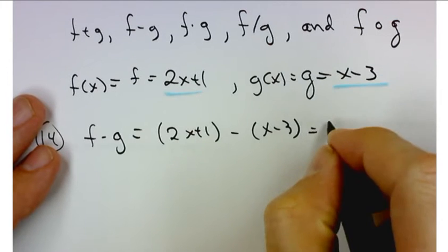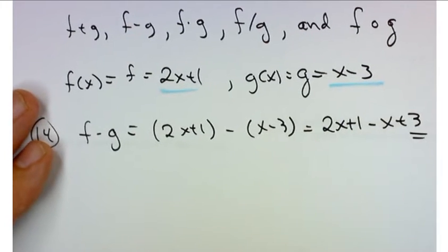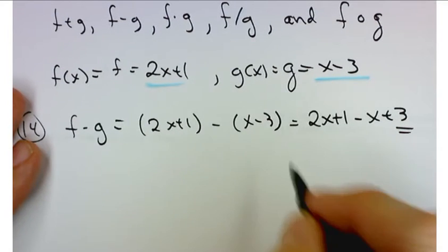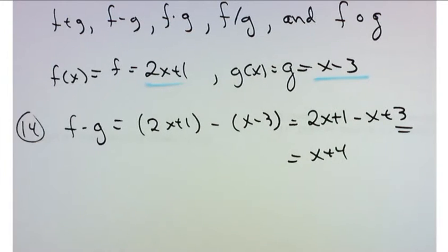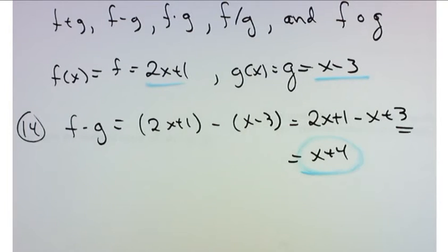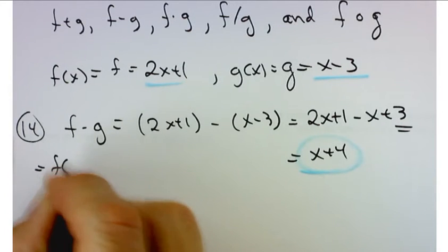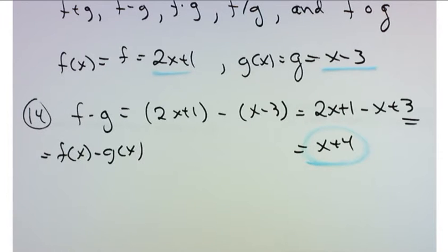So if I get rid of the parentheses, that's 2x plus 1 minus x plus 3. At this point, we can combine like terms and get x plus 4. And that's your answer. That's what they're looking for in problem number 14. But it's just some notation. Really, it's just asking you to find f of x minus g of x.